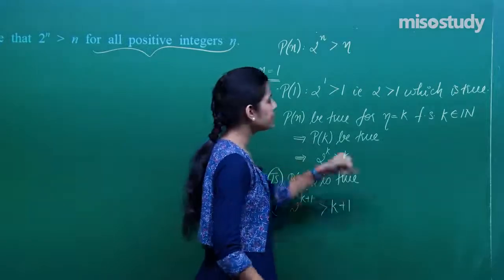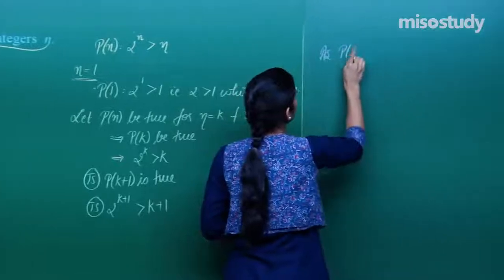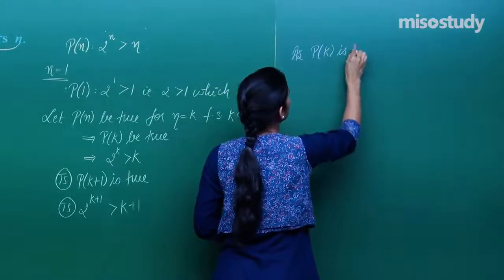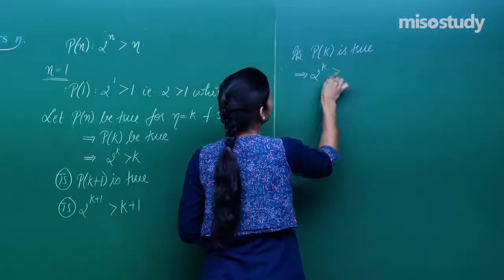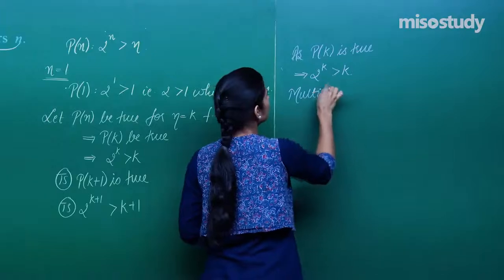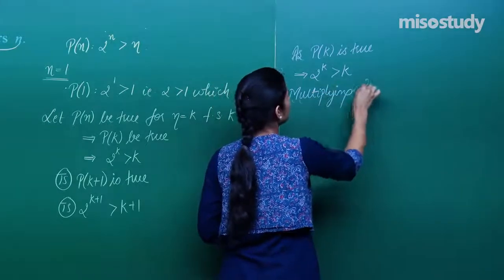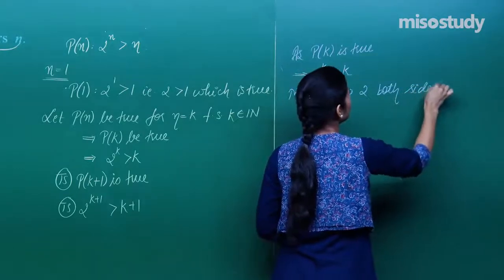I have to show this. And I am already given Pk is true. So as Pk is true, this is given to me. This implies 2 to the power k is greater than k. If you multiply both sides by 2, what do you get?